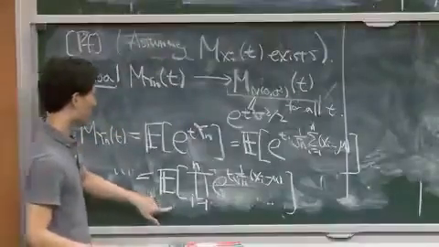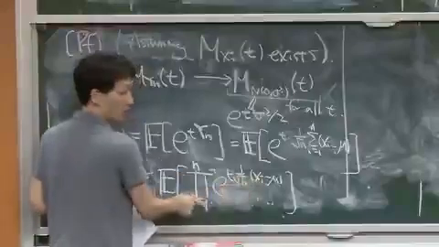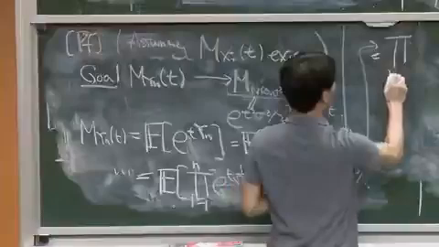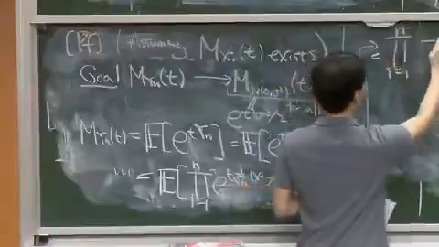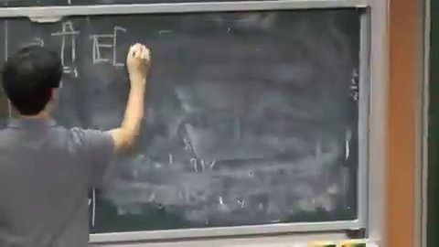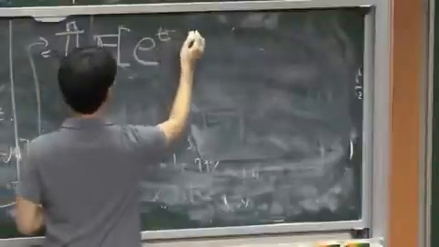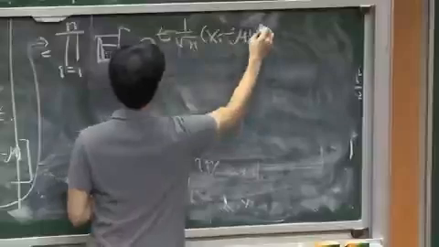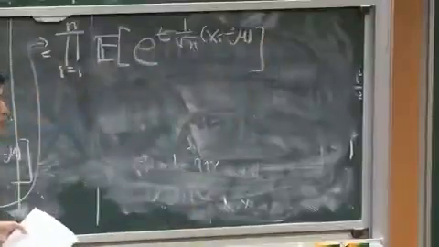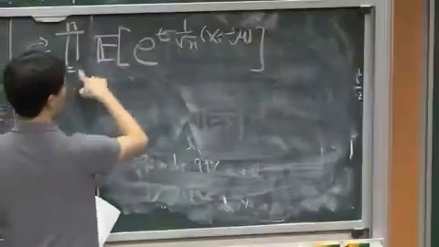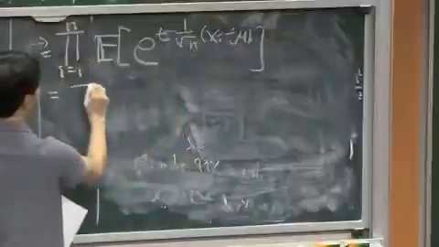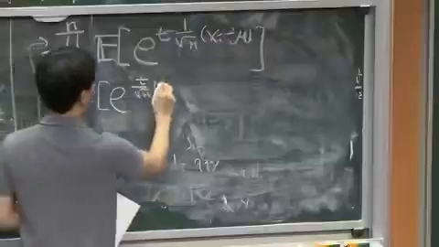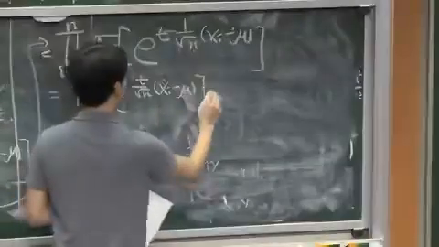Because they're independent, this product can go out, equal to the product from 1 to n of the expectation. Now they are identically distributed, so you just have to take the nth power: the expectation of e to the t over square root n (Xi minus mu), to the nth power.